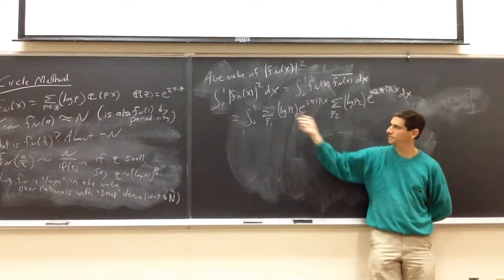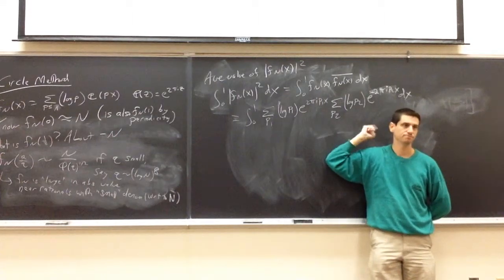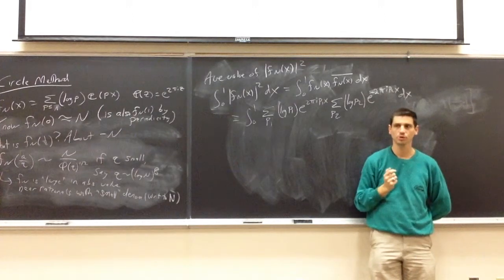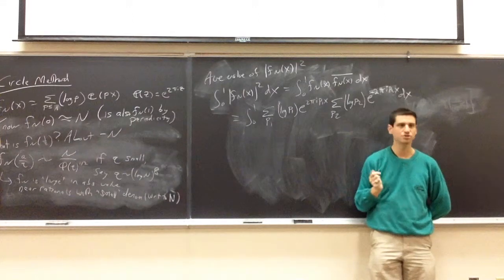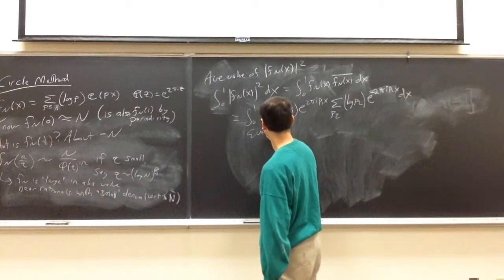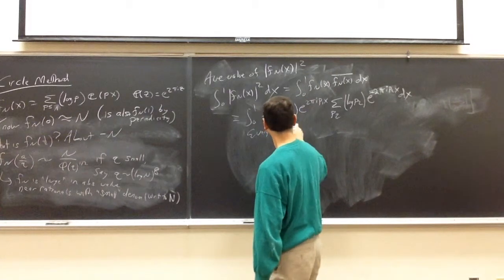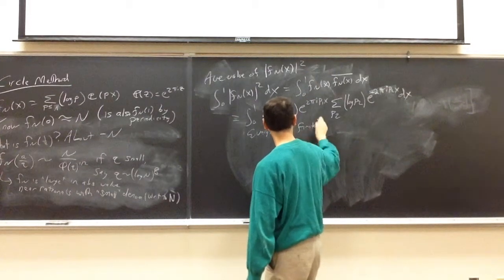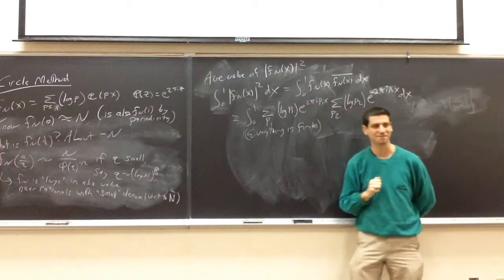And I have to use different indices of summation, so I don't confuse myself. I have an integral, I have two sums. What do I want to do? Interchange. Am I allowed to interchange? Everything is finite.